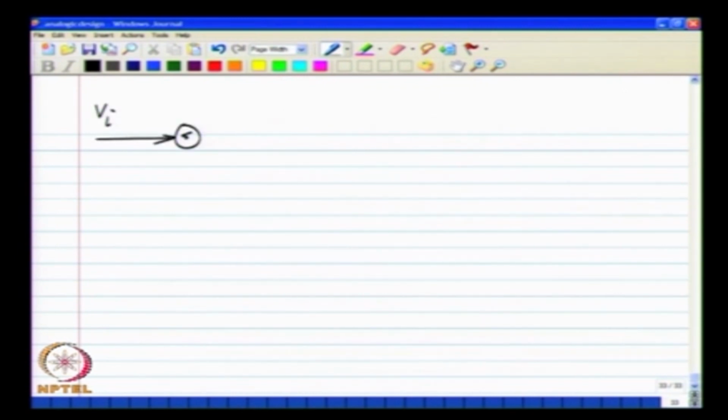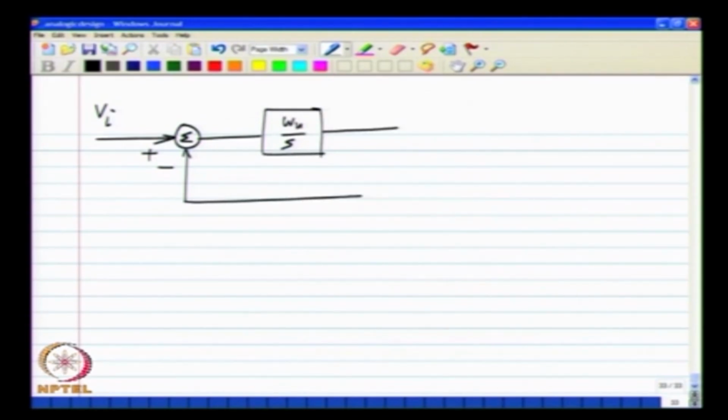I will redraw my amplifier here. Okay. Now, if you look at the input to the integrator, the input to the integrator is given by Vi minus V naught by k.